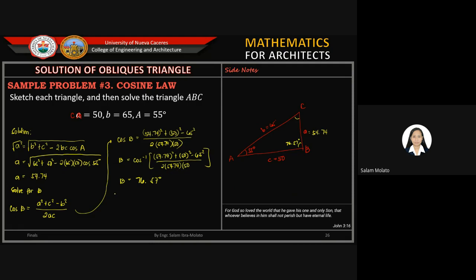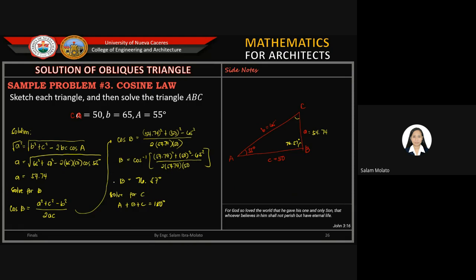So to solve for C, it's easy, right? Since we know that the interior angles of the triangle sum to 180, we can say that A plus B plus C is equal to 180. Okay? All right.